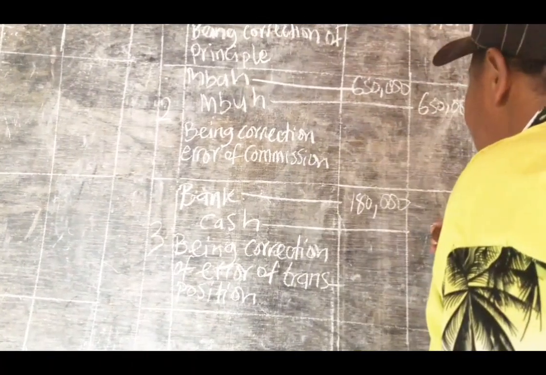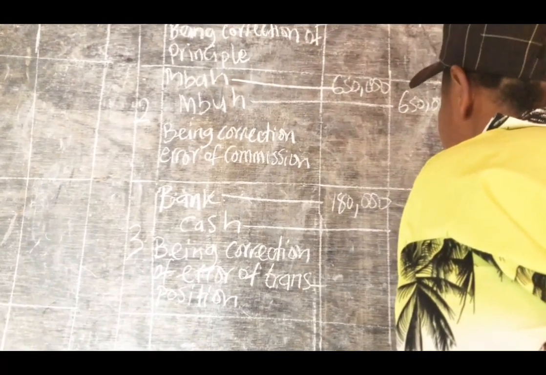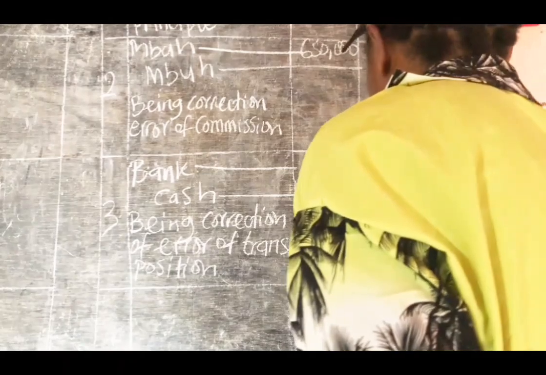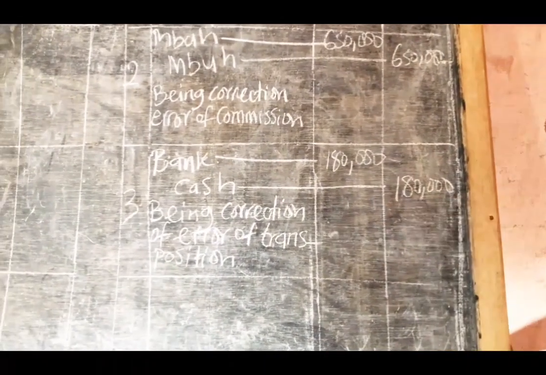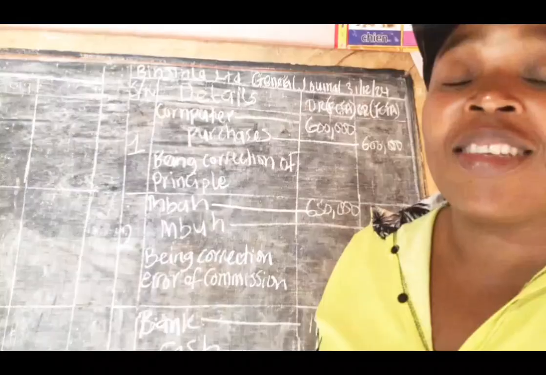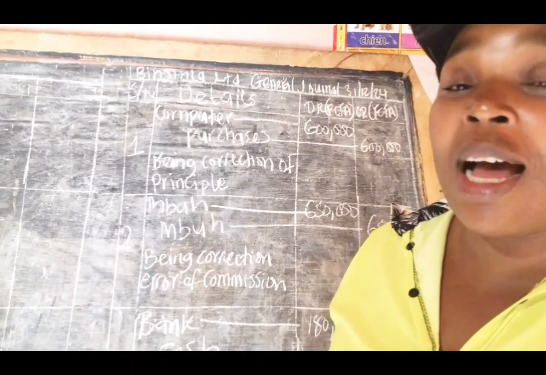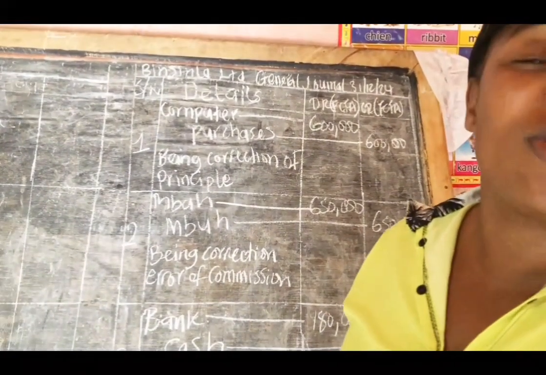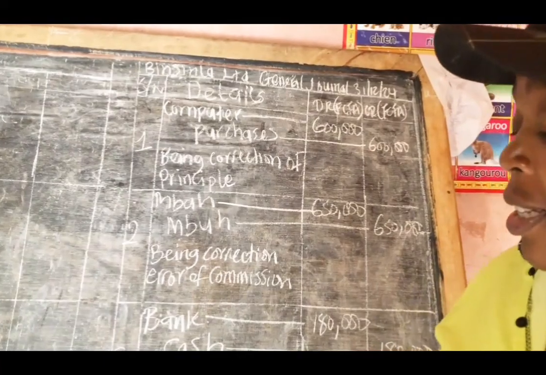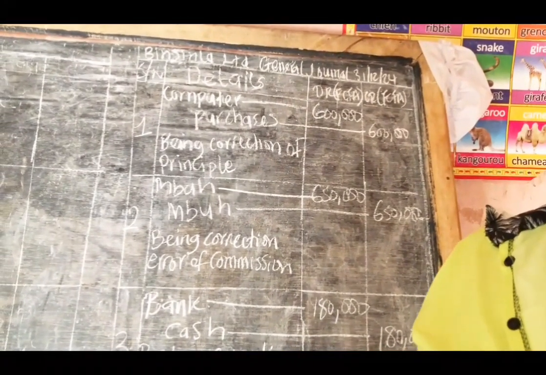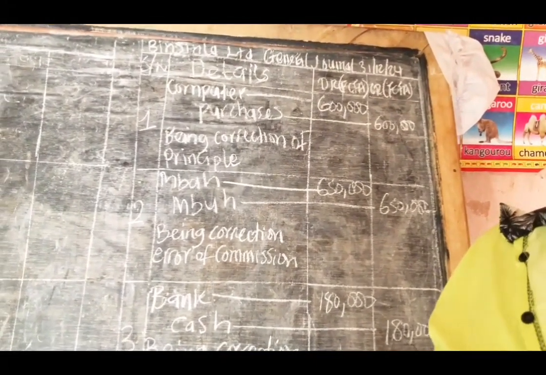We credit cash 180,000. So you see the amount here. So, like my learners will always ask me, what if the amount is overstated? What happens to it? How are we going to record it?